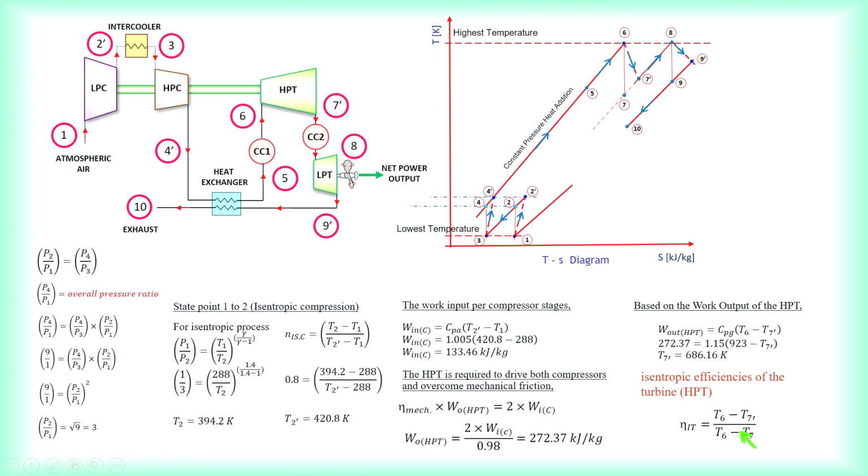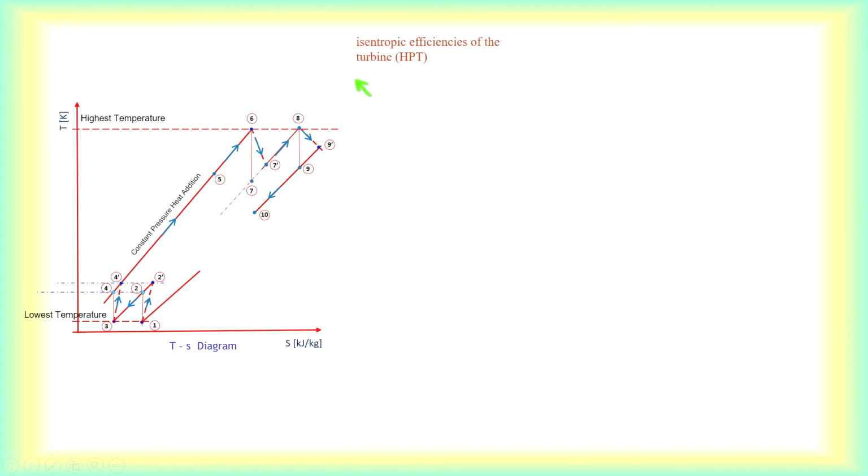Since this is given, that is 0.85 or something, we can find T7 from here. So T7 is 644.36 Kelvin.